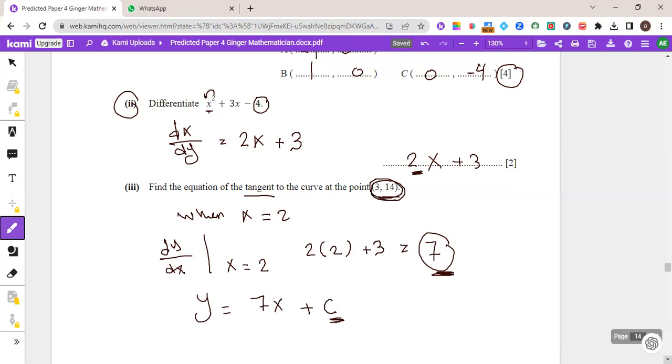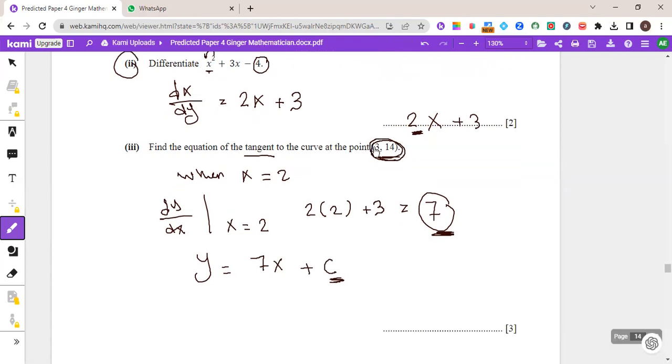So I will replace x and y by 3 and 14. So x is 3, y is 14. So 14 equals 7 multiplied by 3 plus c. So c equals what? 7 multiplied by 3 is 21. 21 minus 14 is 7.